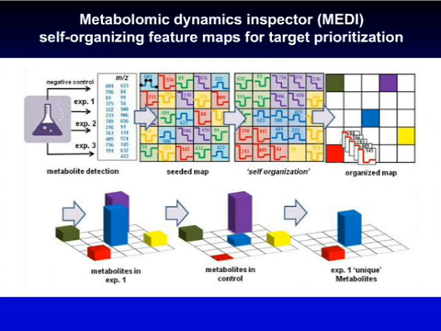Now, when we actually look at the leukocyte responses, we're seeing millions of signals. So we started developing a strategy using self-organizing maps, which look at the temporal behavior of the abundance of the different molecular features we see, to allow us to group into similar regions of space what those different molecules were. And so we term this the metabolic dynamics inspector.